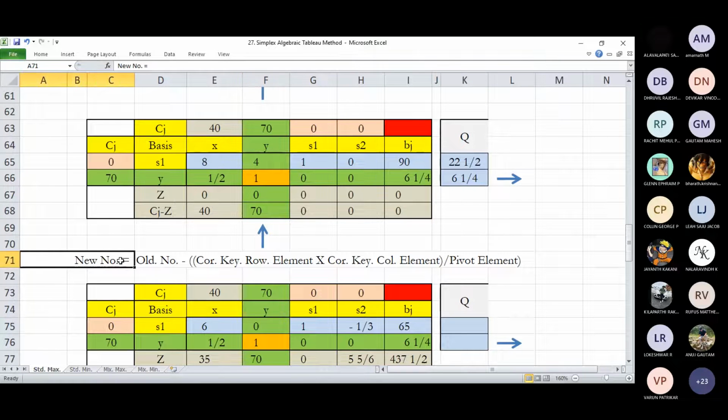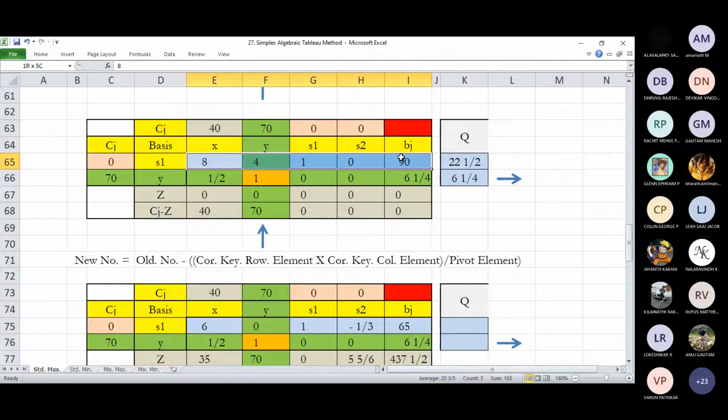The new number, the replaceable number, equals the old or existing number minus the corresponding element in the key column multiplied by the corresponding element in the key row, divided by the pivot element. So that's the formula. Let's take a look at the example.